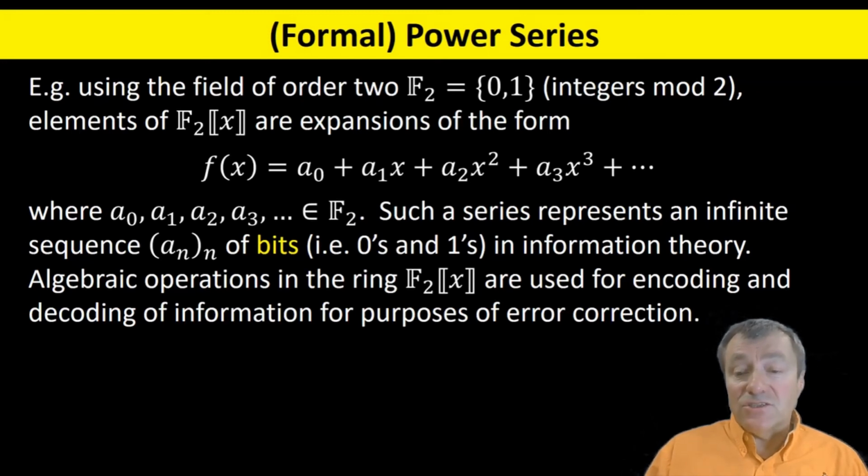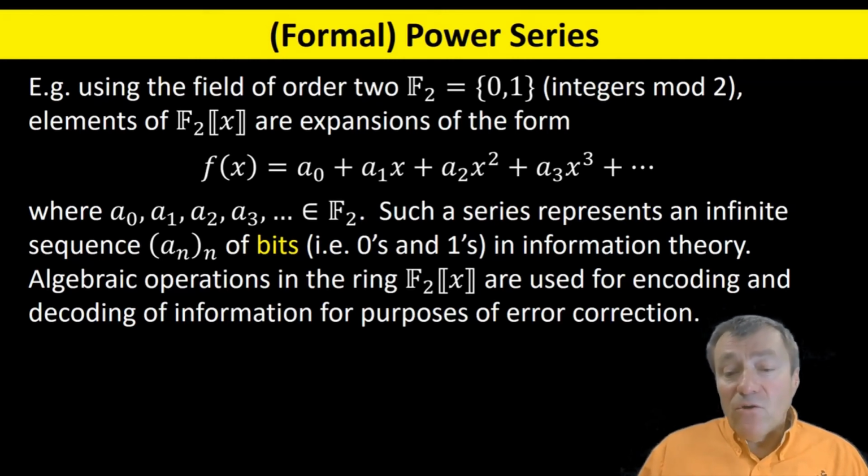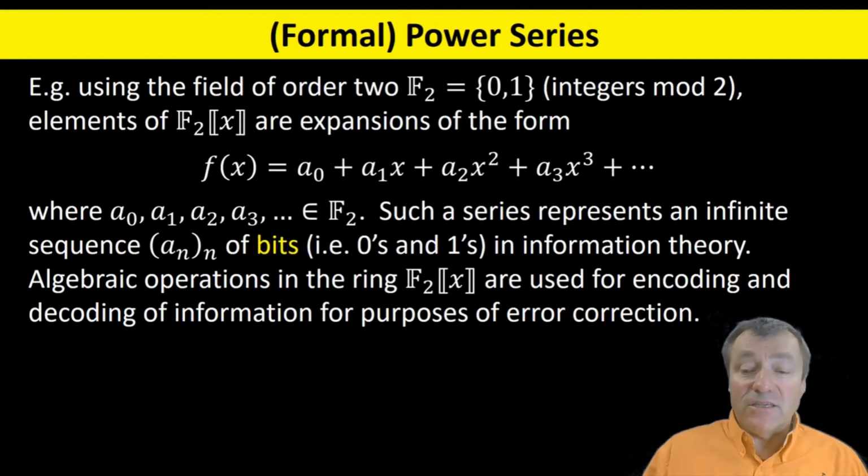The actual addition, subtraction, and multiplication of series in the ring. The ring operations can be performed by personal computing devices using software like Maple, or they can just be done very naturally by much more basic electronic circuits like shift registers. Very, very primitive circuits can do the required arithmetic in the ring.